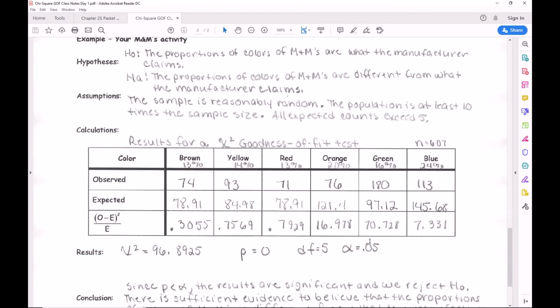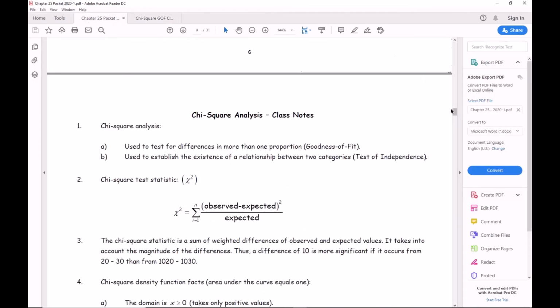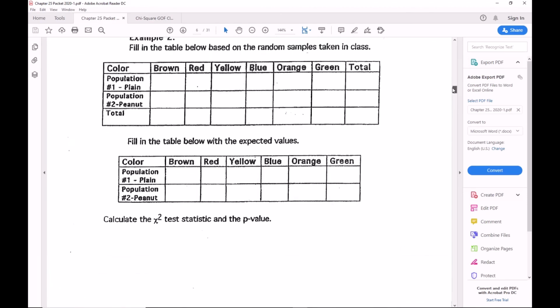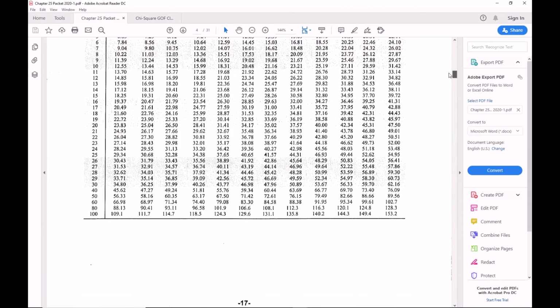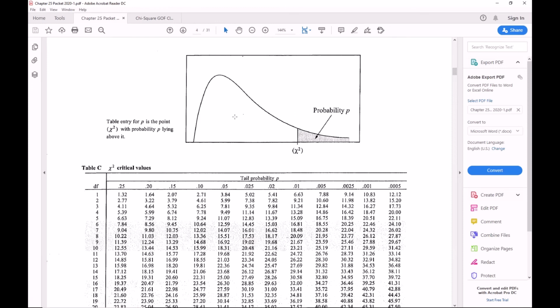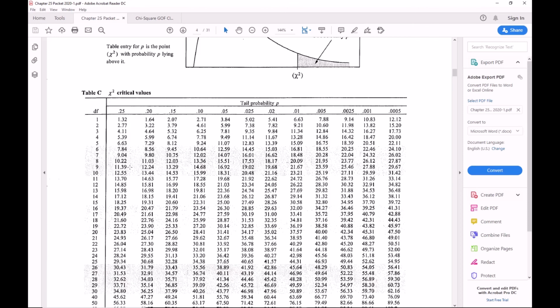Seems doable, I hope. Another thing I wanted to show you, and I did show the others, was that in your packet you do have a chi-square table. See it? And it's sort of similar in a way to your T-star or Z-star table. You would locate your degree of freedom in your test and come over here.